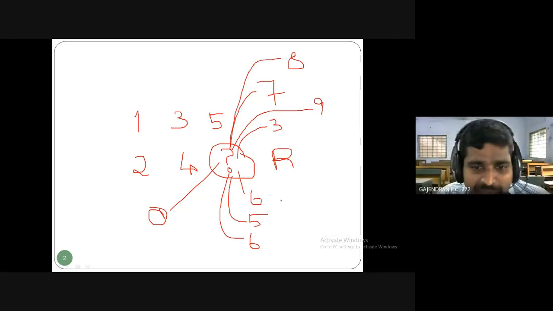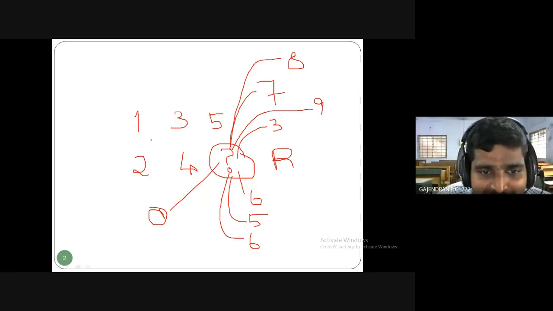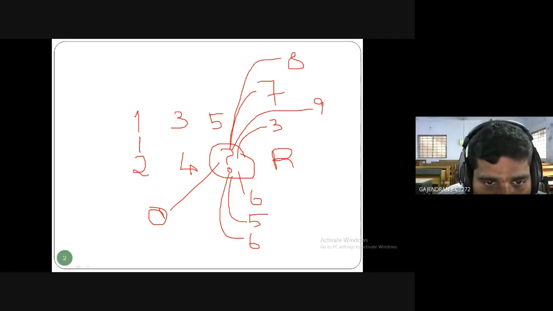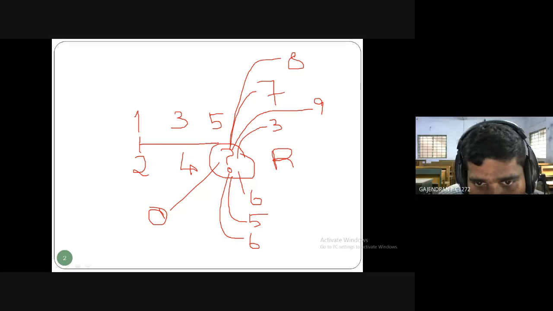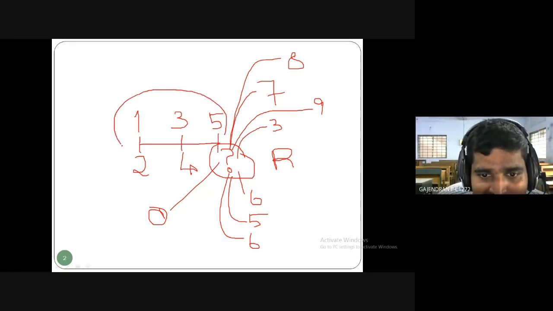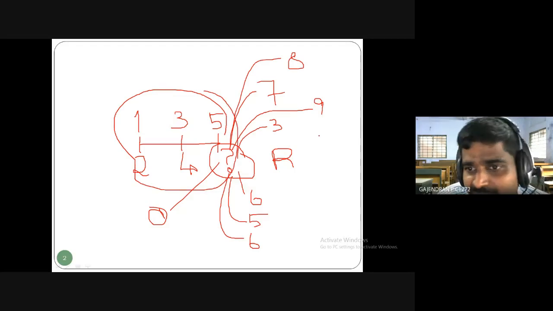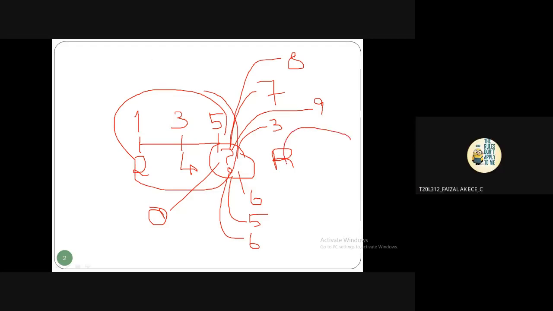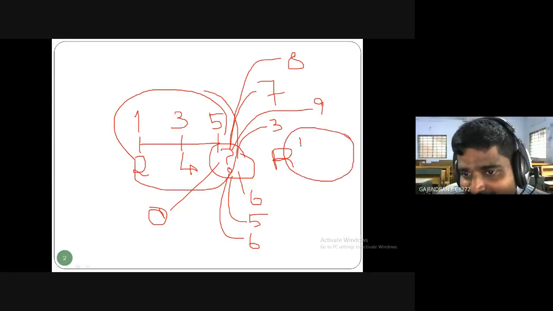Now I will give one hint in the same diagram. Have you seen this kind of image anywhere? Car gear. Yes, sir. 1, 2, 3, 4, 5 and R. Reverse gear.